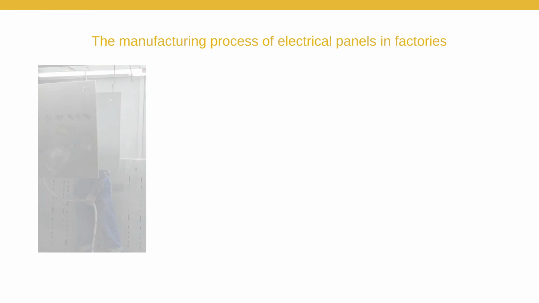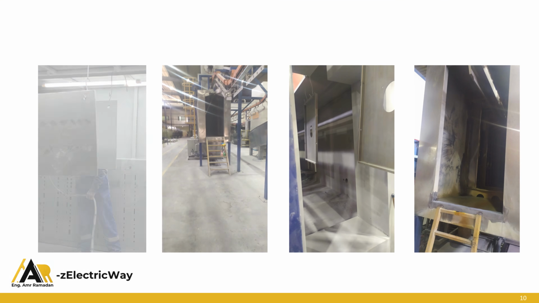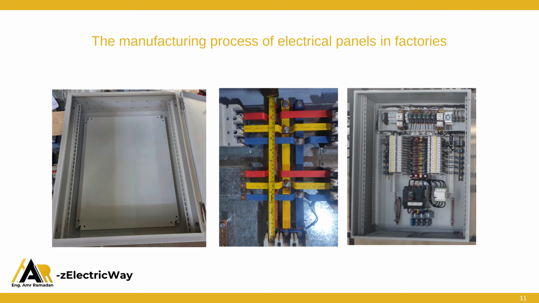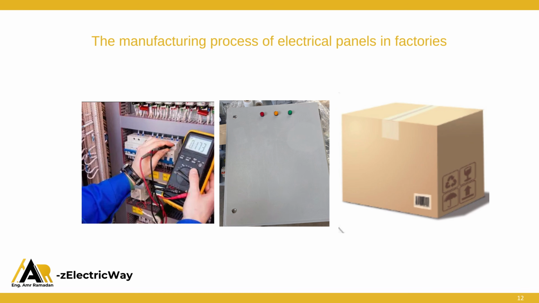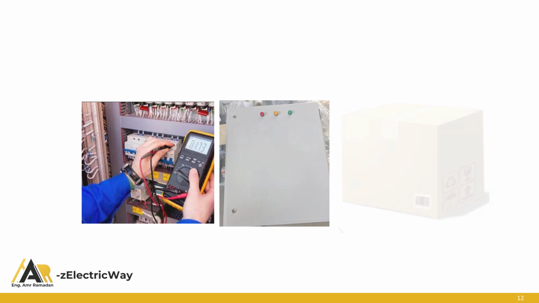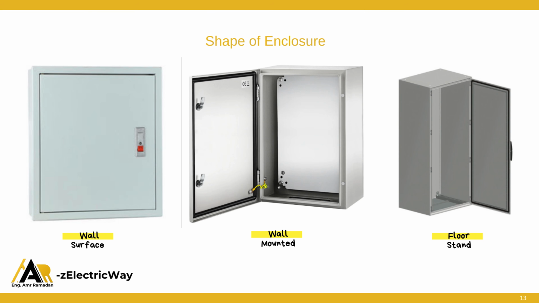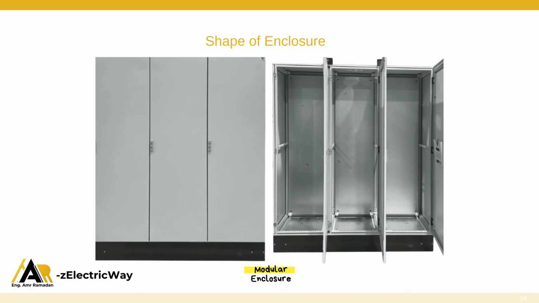After the electrostatic painting, the panel is assembled, then processed with the copper and control process, and finally panel testing and packaging. We will talk about the classification of the panels according to installation methods like wall surface, wall mounted, and floor stand. After that, modular enclosures and console enclosures.